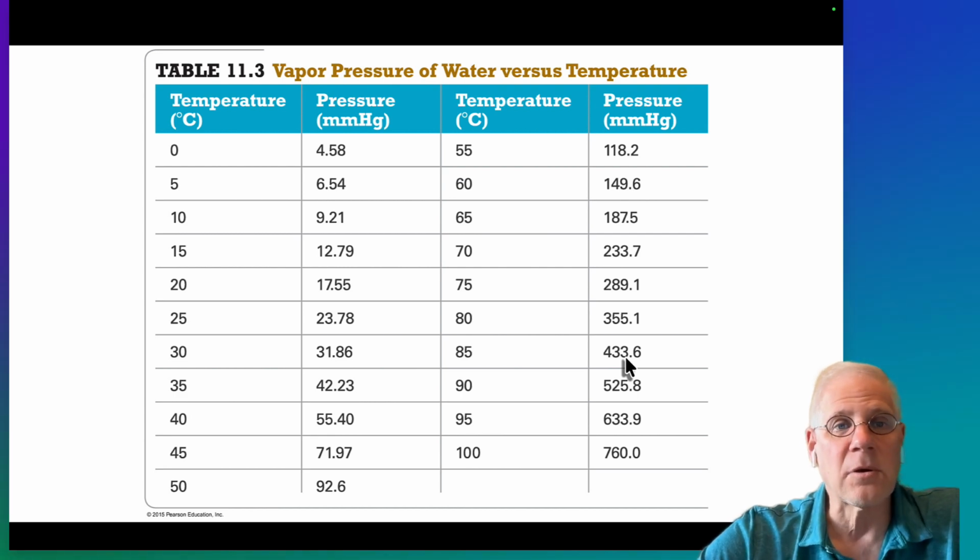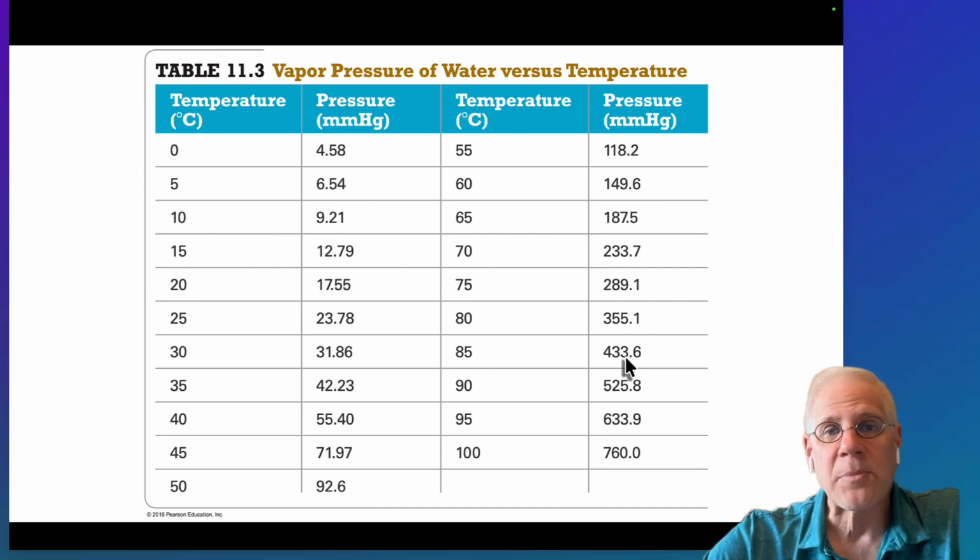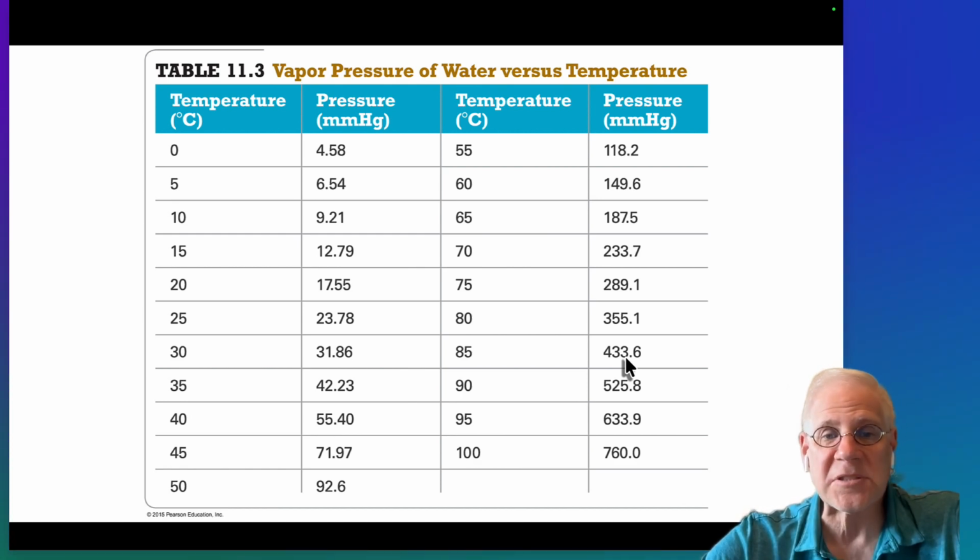Now you'll notice here that the pressure is measured in millimeters of mercury, and this is just so that we have a reasonable number to work with, as opposed to tiny fractions of bars. We see that as temperature goes up, the vapor pressure of water increases. And when we get to 100 degrees Celsius, we reach 1 atmosphere of pressure, 760 millimeters of mercury.